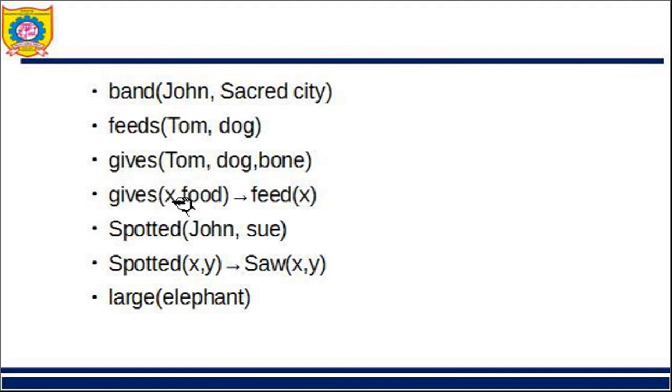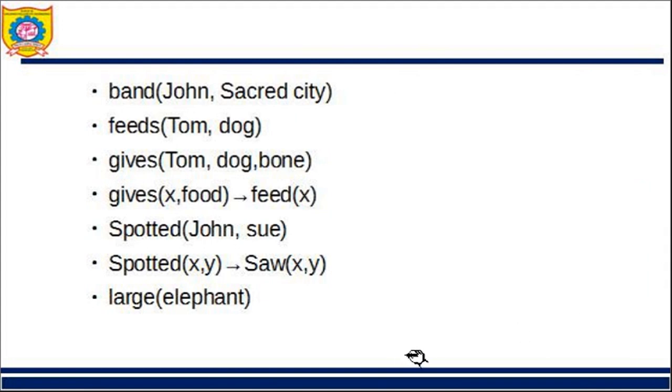That is, Tom is giving dog food, or generally anyone giving food to a dog. Sometimes I want my knowledge in detail, sometimes I don't. Here I'm only understanding that Tom is giving food to the dog, and here I'm understanding what food it is giving. This is called the level of granularity.